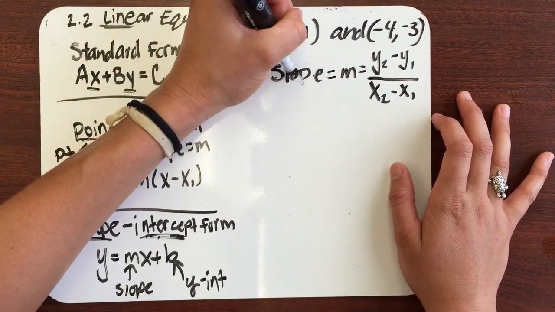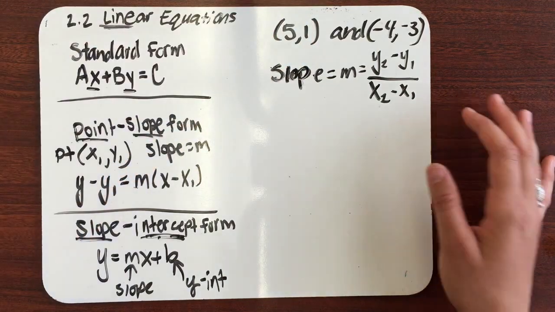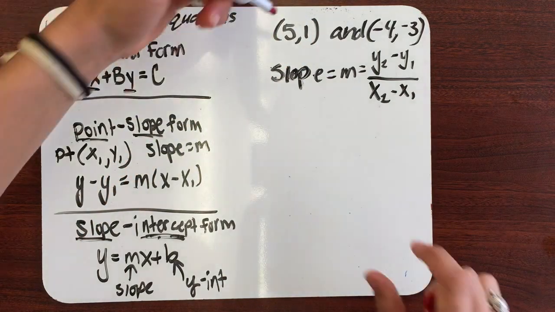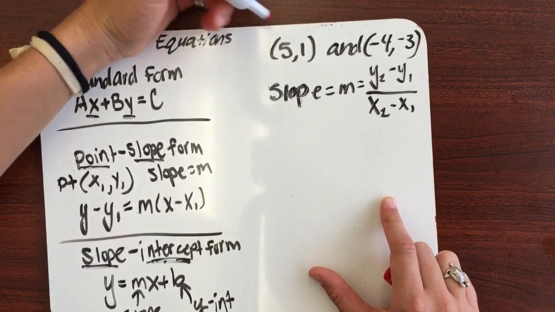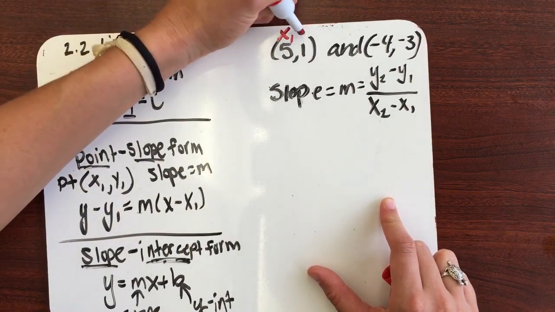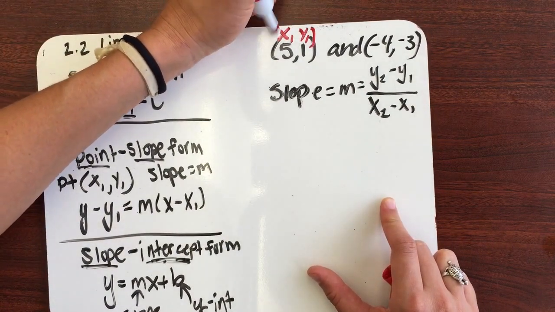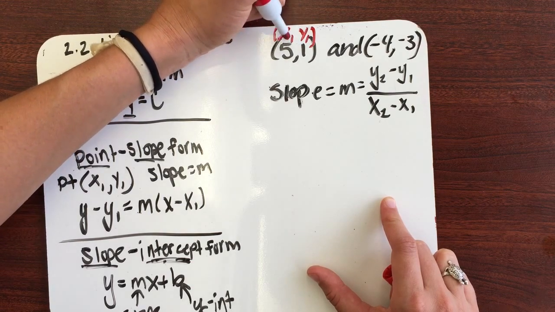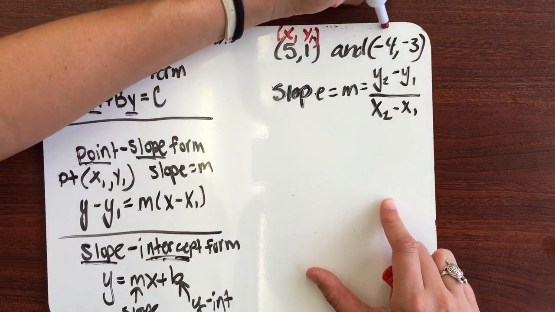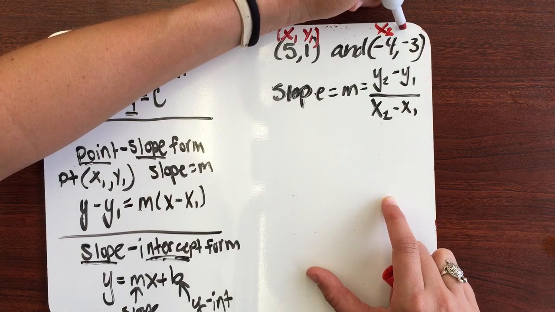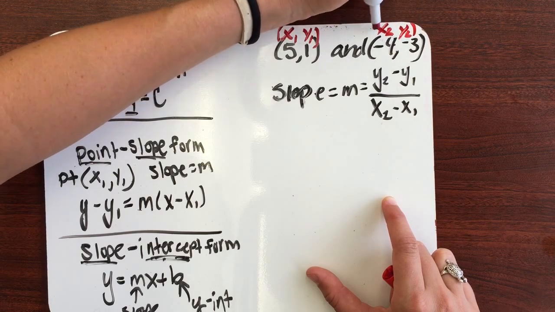Okay, so it doesn't matter which point you start with, but if 5 is x1, then your 1 is y1. They have to be corresponding within the ordered pair. If this is x2, then this is y2.